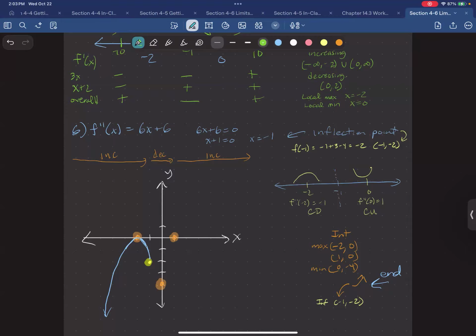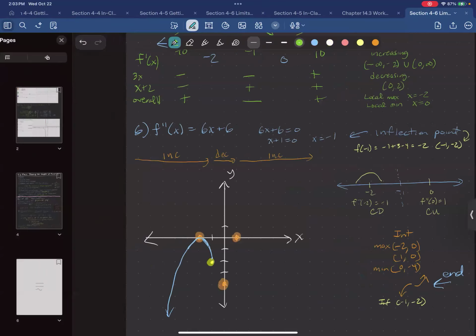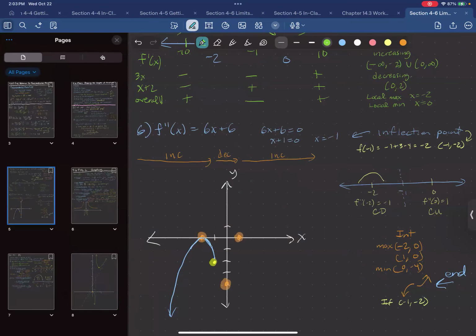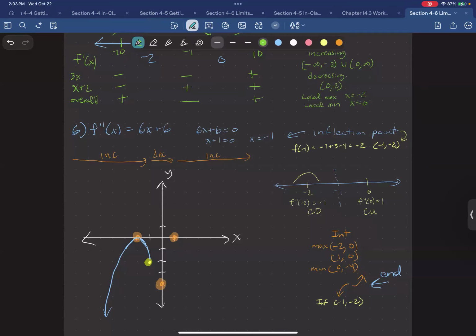And then concave up for the rest. Notice that over here, concave up. So we go down. This was a local min. And it starts going up. It crosses there, and it just keeps going up. So that would be the graph of this.